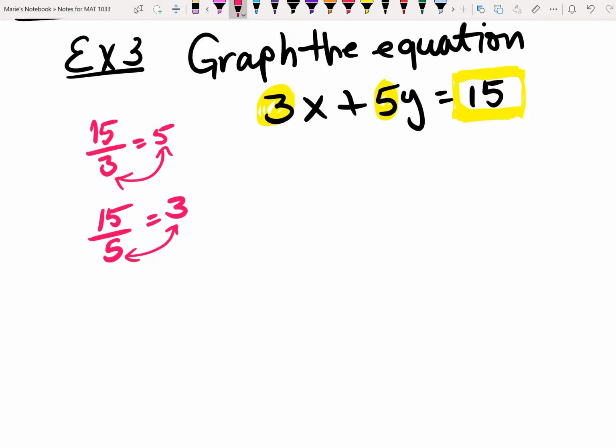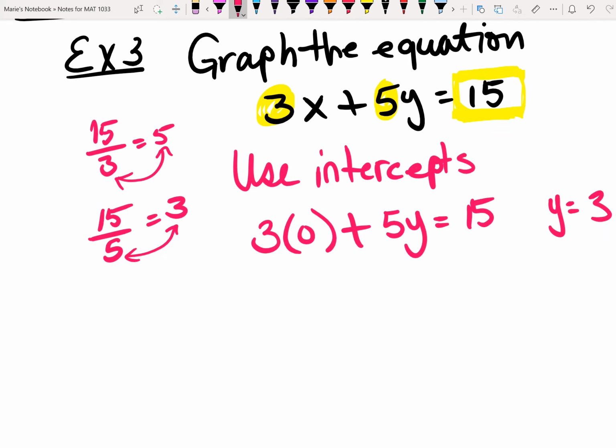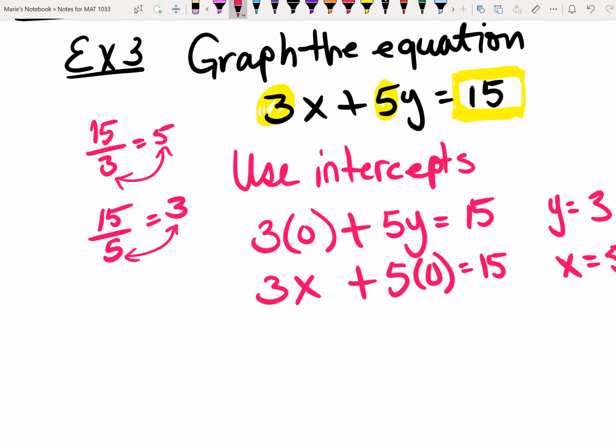So that means that I can use intercepts. You only need 2 points to graph a line. So in this case, if I set this to 0, plus 5y equals 15, then I get y equals 3. If I do the same thing here, and if I have 3x plus 5 times 0 equal to 15, then x is equal to 5.